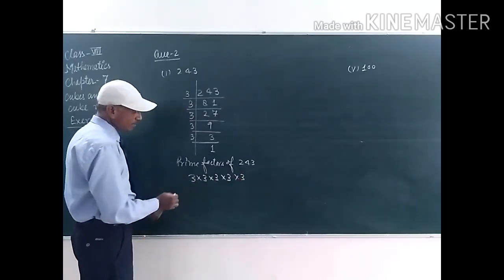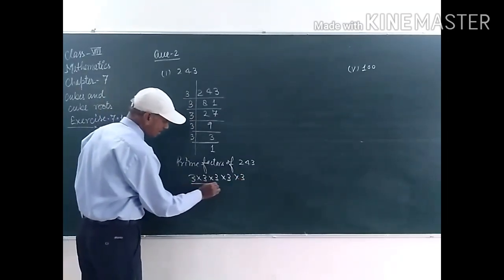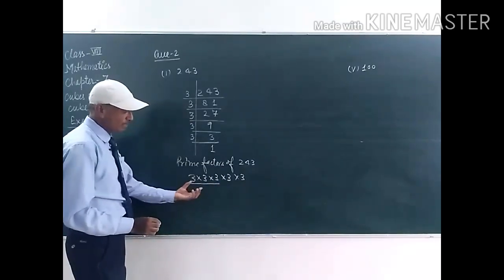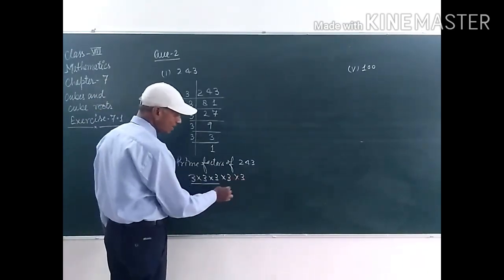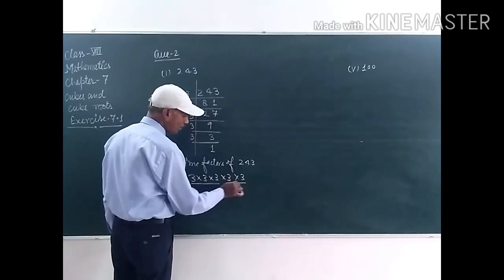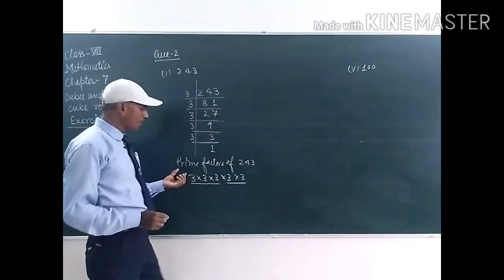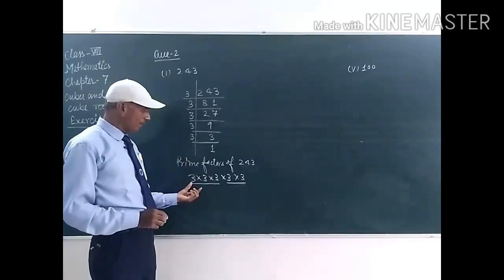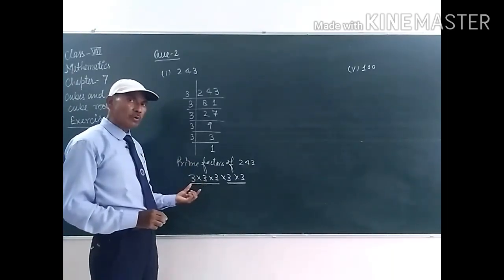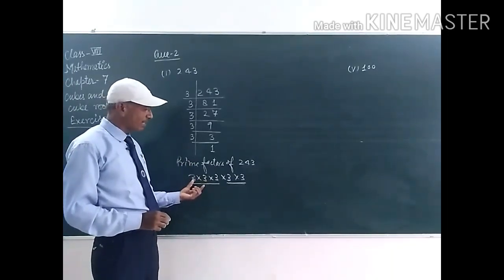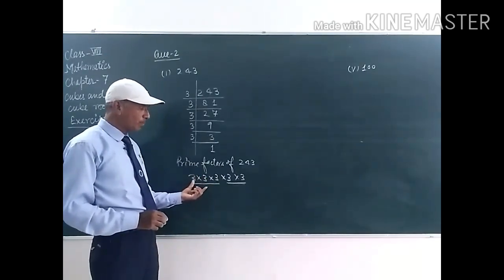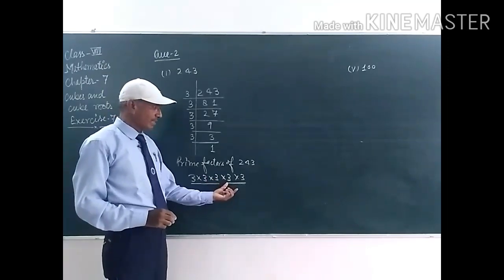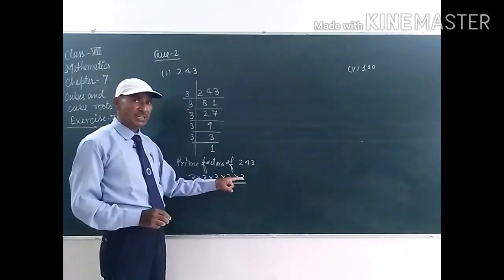So, make groups of 3. This is the first group, the first triplet, student, and in this there are only 2 threes. After finding the prime factors of 243, we have to make groups of 3, or triplets.